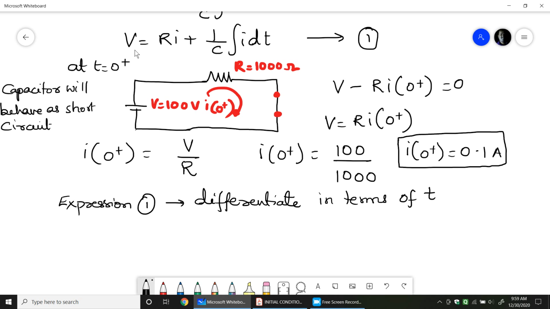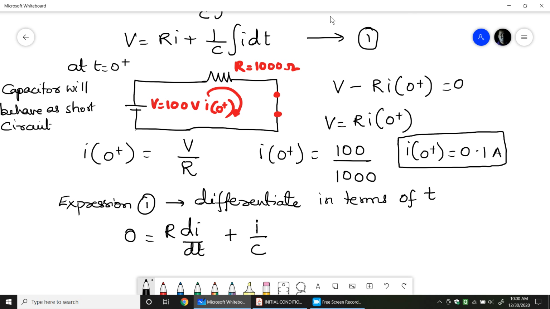When you differentiate voltage in terms of t, it is constant, so it becomes 0 equals R into di by dt plus, differentiation of integration will cancel integration, so I'll be getting 1 by C into I. Differentiation of the integral of I dt, the integration gets cancelled, and only I will be left.